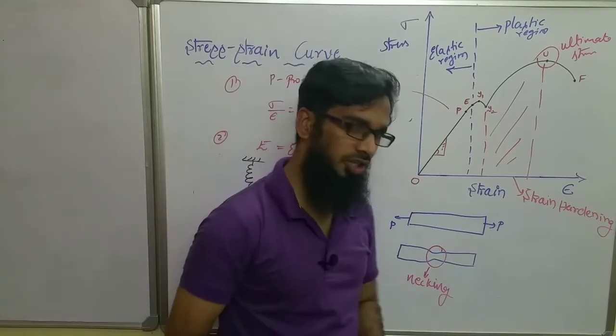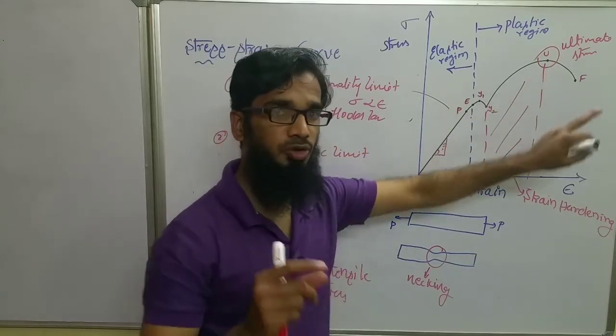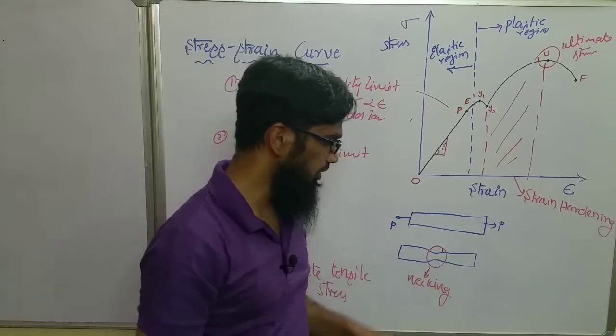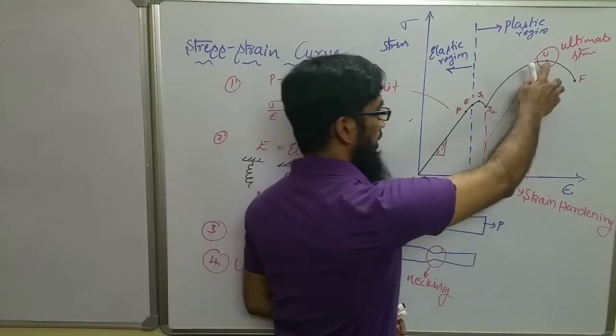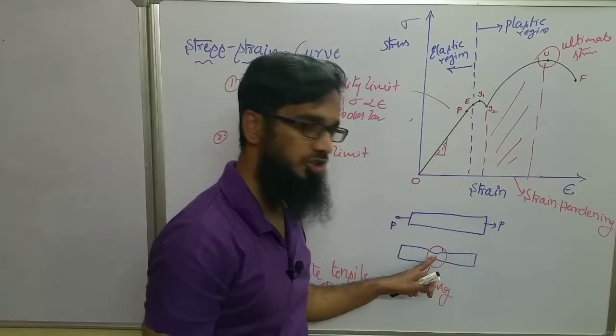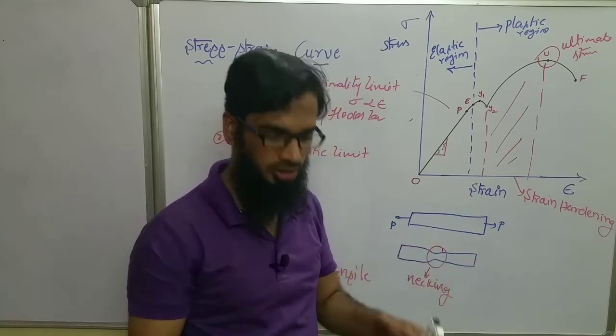Necking means that when the member reaches the ultimate tensile stress, there will be a formation of the neck. Point U indicates the initiation of necking, that is, a decrease in the cross sectional area.